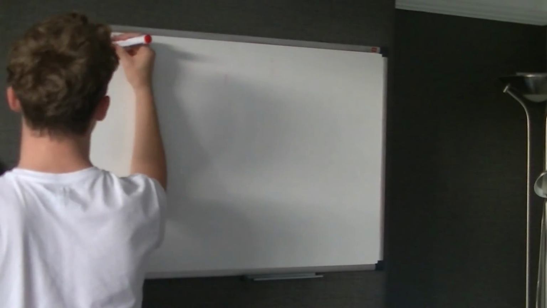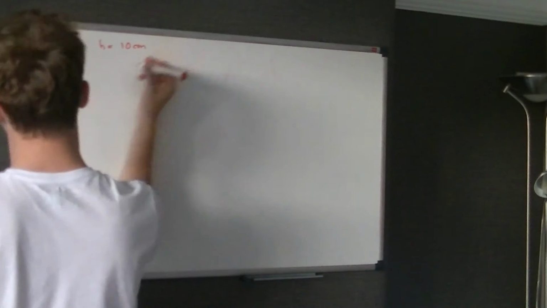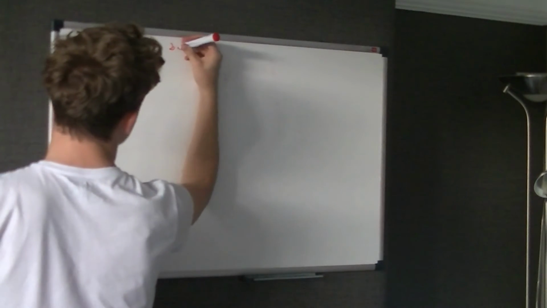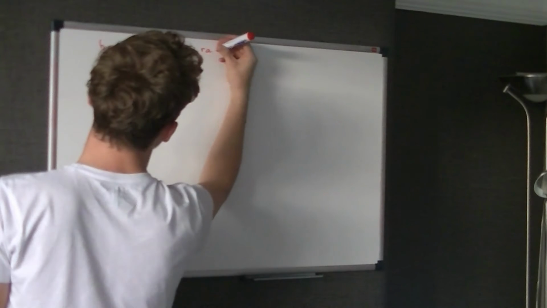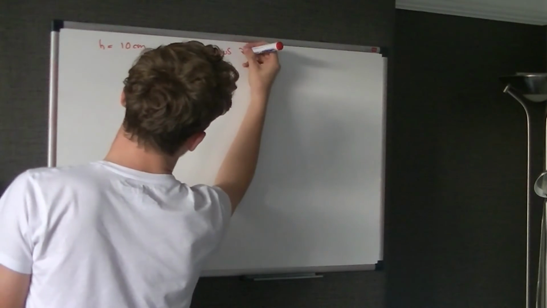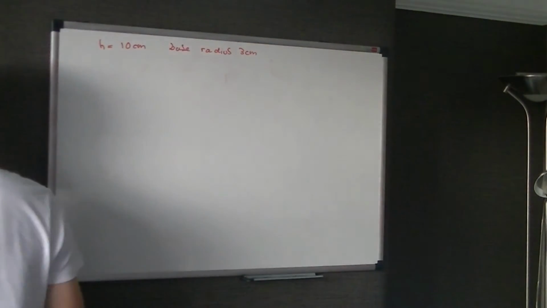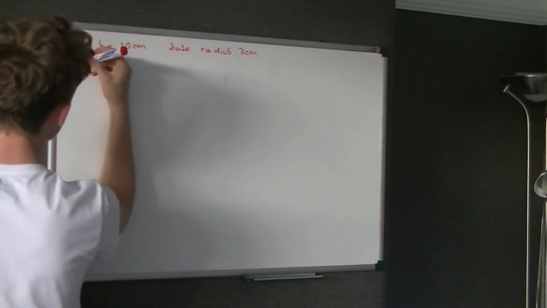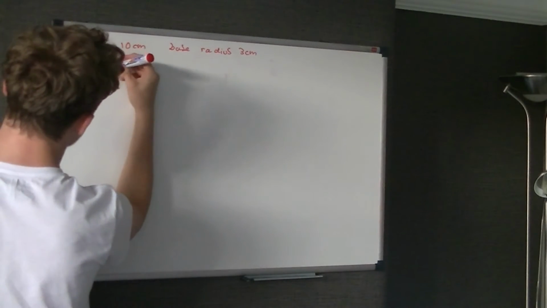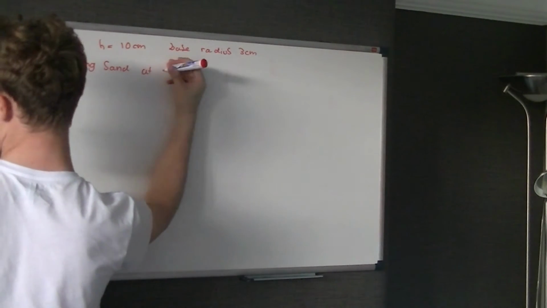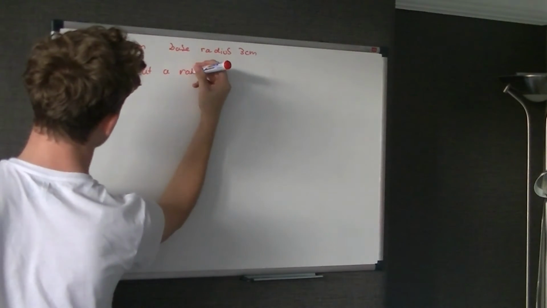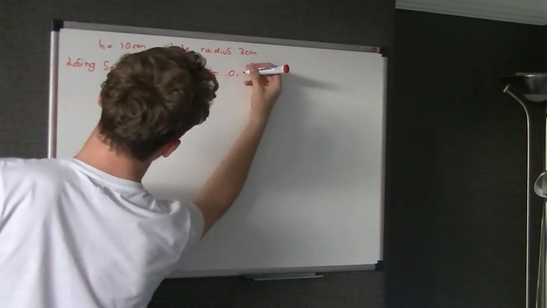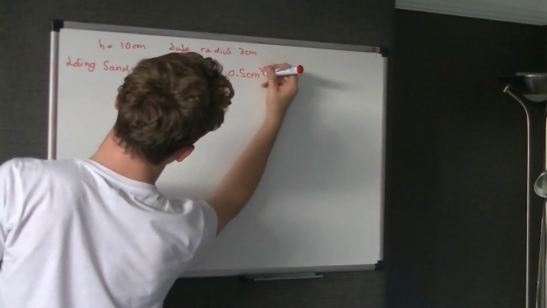The question says, there is a cone of height 10 centimetres and base radius of 3 centimetres, losing sand at a rate of 0.5 centimetres cubed per second.